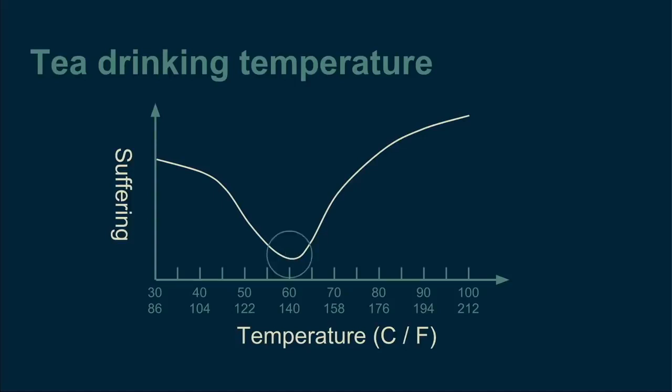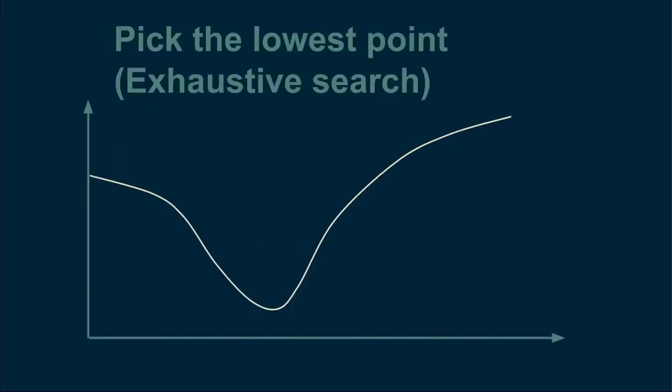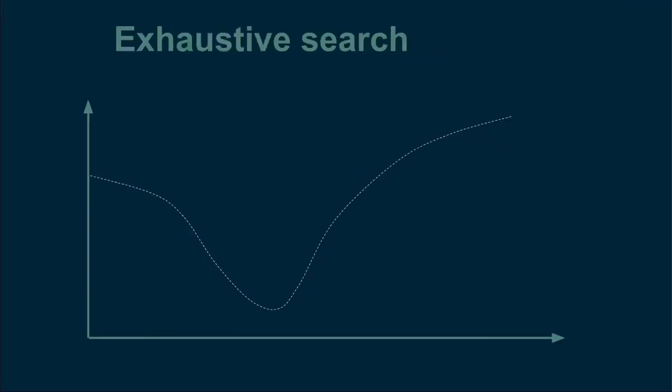There's a few different ways we could do this. The first is to look at every point on this curve and just pick the lowest one. Now the trick with that is we don't actually know what this curve is beforehand. So in order to pick the lowest one, we have to do exhaustive search, which in this case would be make a cup of tea, have someone drink it, ask them how they like it.